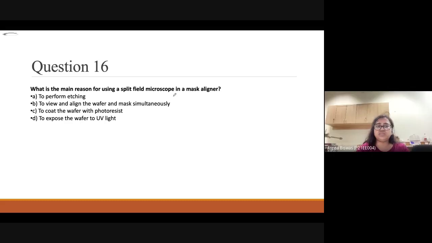Okay, so the soft bake process is to remove the moisture, right? When we clean the wafer, a soft bake is required. You have to give some temperature, and you can go through the second lecture. I have already discussed it clearly.